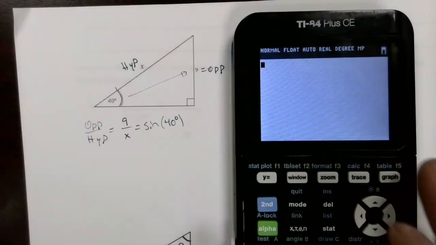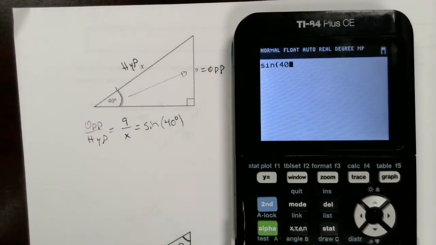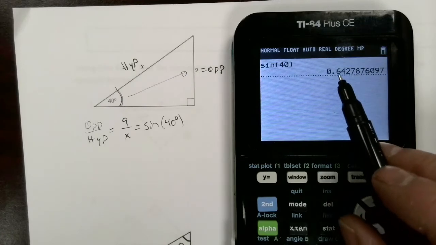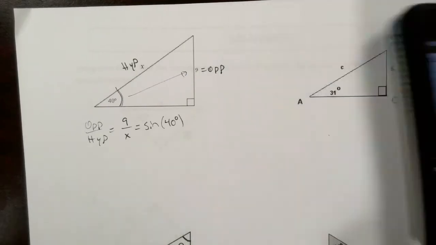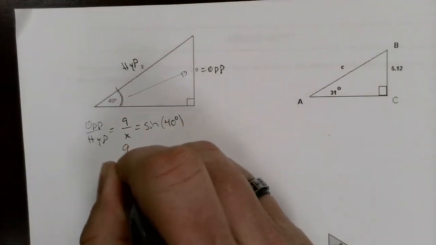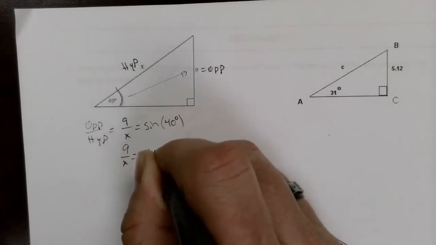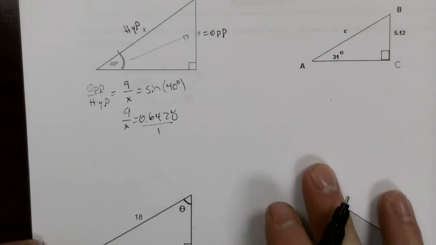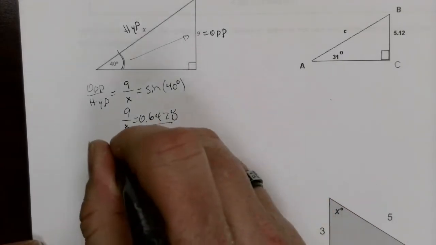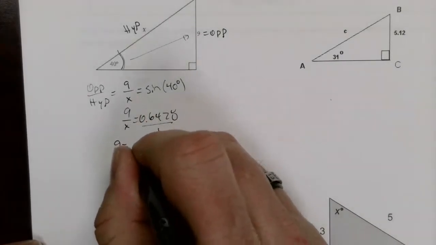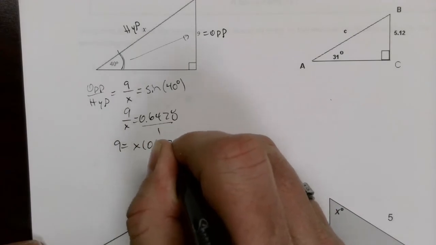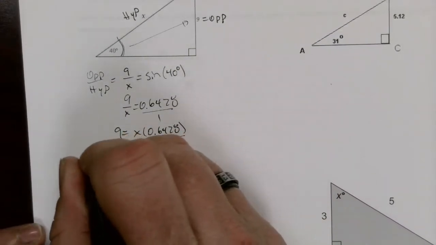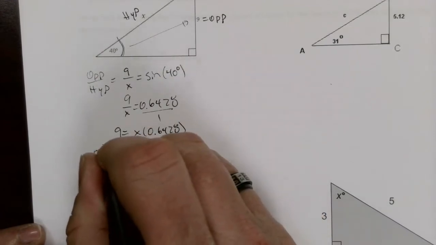Now, sine of 40 degrees. And I'm going to go to 4 decimal places, so 0.6428. This is like over 1. I would cross multiply, so 9 times 1 is 9, and this will be x times 0.6428. And for me to get x by itself, I've got to divide both sides by 0.6428.